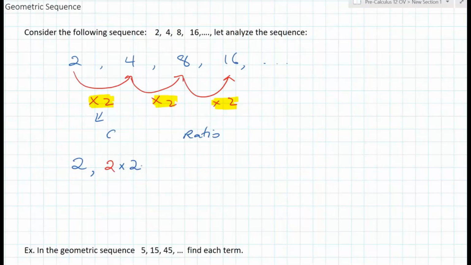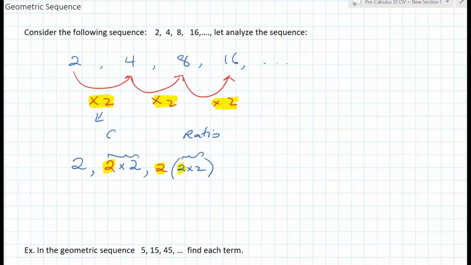Okay, then the next term will be this 2, which is the common ratio, but now you're multiplying that with the new value from the previous term, which would be 2 times 2. So this value right here is actually that, and the 2's are the common ratio. This is the common ratio, that's the common ratio. Yes, you can say that that's the common ratio too, but it's already part of the second term.